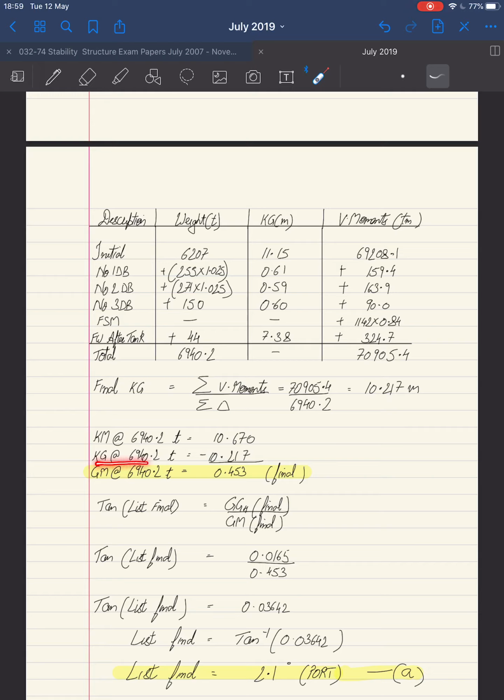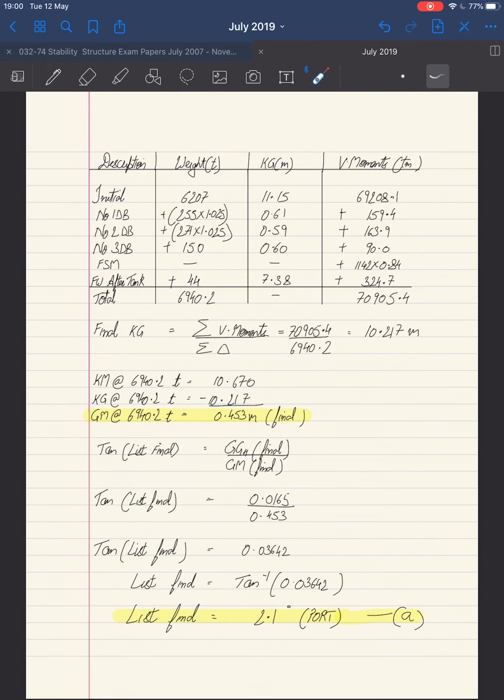The KG at 6940.2 tons was 10.217 meters, which has come from here. And the GM of the vessel at 6940.2 tons is 0.453 meters, which we have got by subtracting the KG value from the KM value.